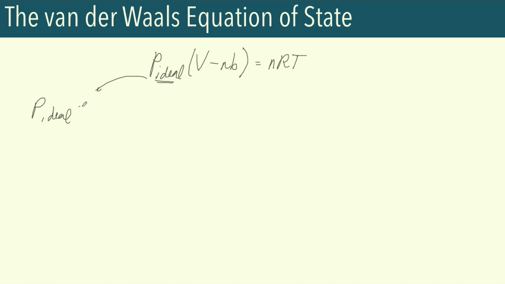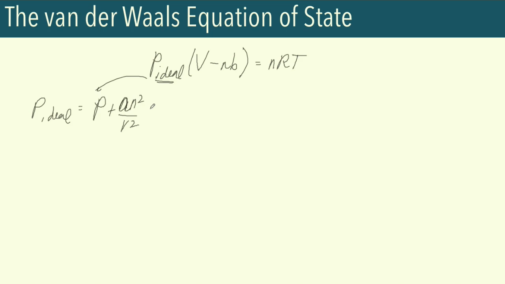So what is the equation that we have now, including the volume correction? We have P ideal times the real volume, let's just call it V, minus NB is equal to nRT. We have an expression for P ideal: it was equal to the real pressure exerted by our gas plus A N squared over V squared.